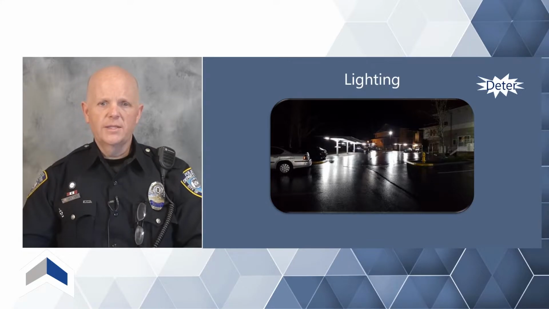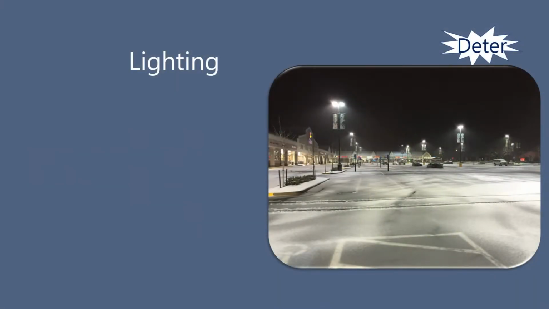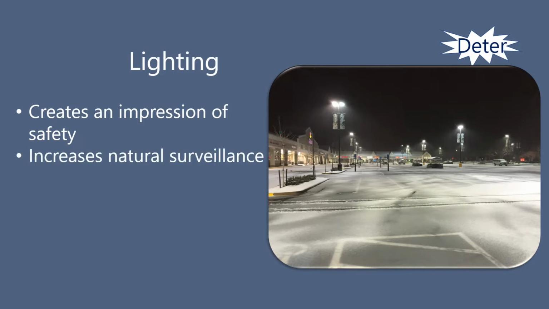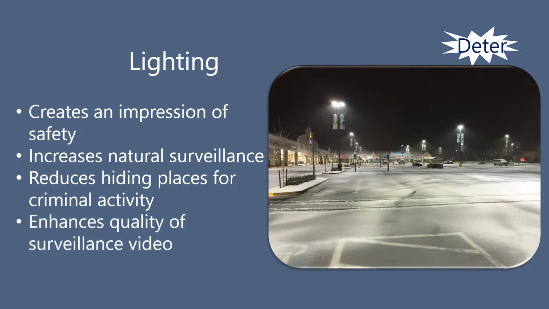So contrast that picture with this. This is another commercial area. Again, the lighting is well lit throughout the parking lot. The benefit of this is that it's going to create an impression of safety for your customers or your guests. Again, we're trying to increase the natural surveillance of the property, reducing the hiding spaces for criminals to operate.